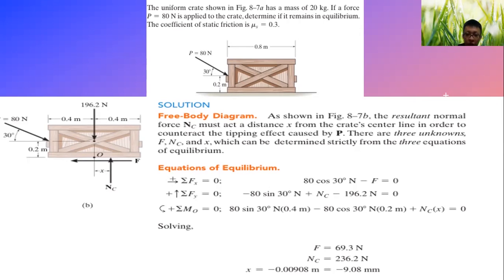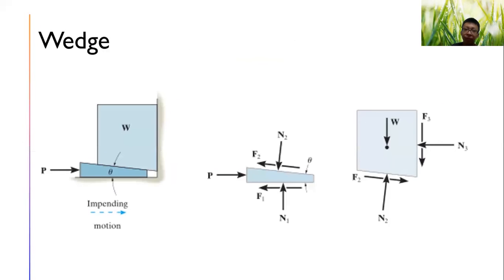Solving by doing the mathematical calculation, we get F equals 69.3 and x equals negative 9.08 millimeter.